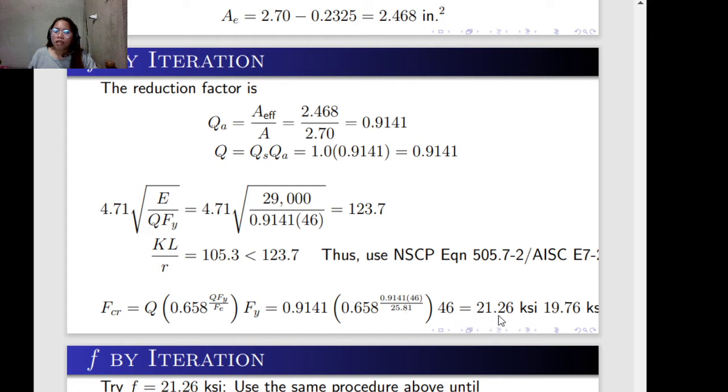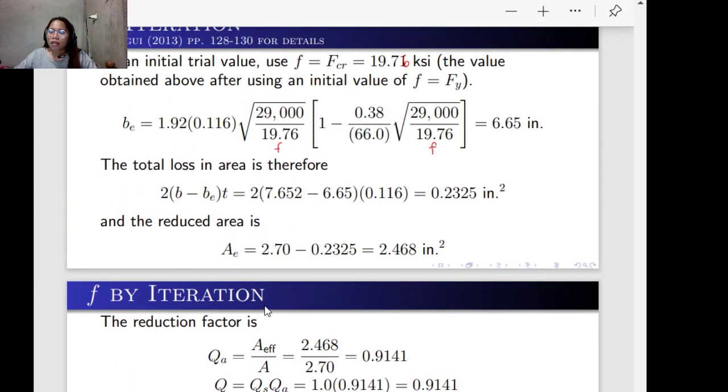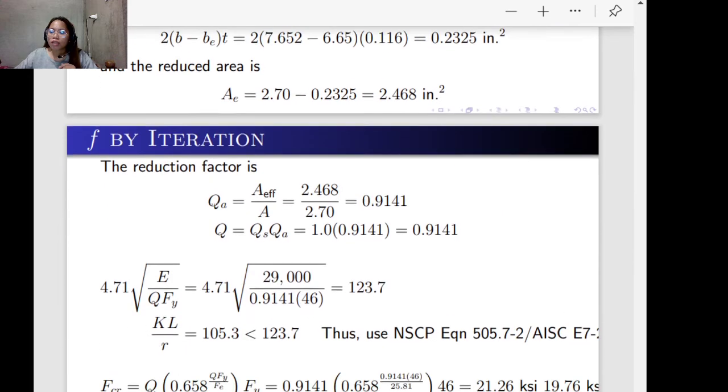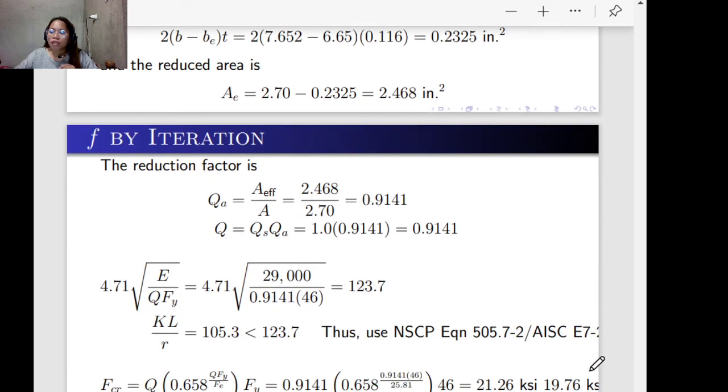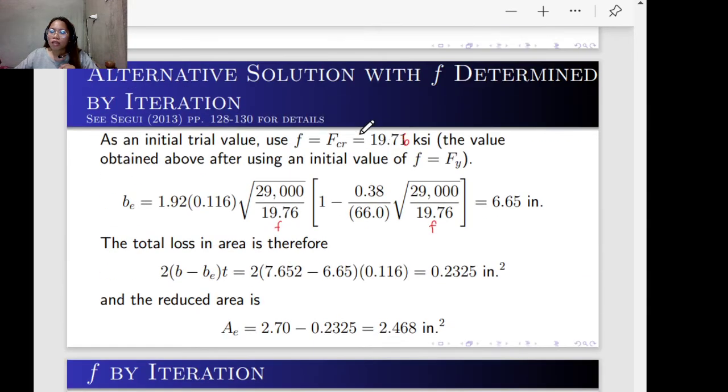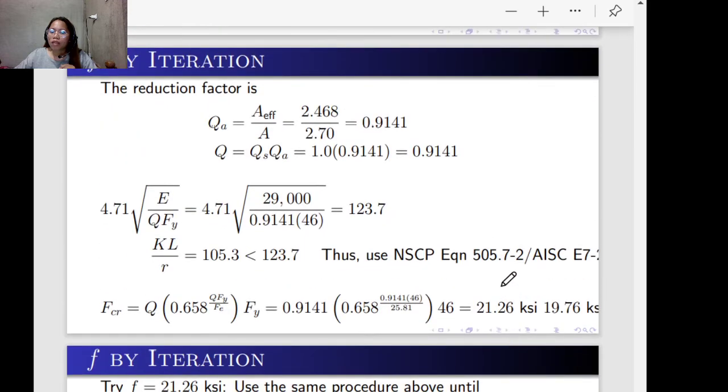The answer is 21.26 ksi for the critical buckling strength. And comparing with the FCR, which is 19.76, continue the procedure.